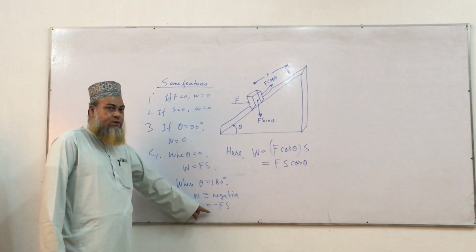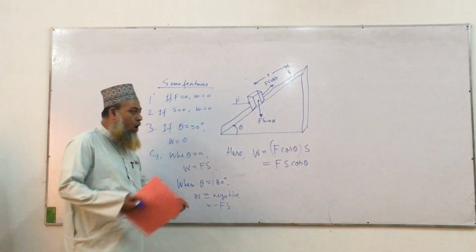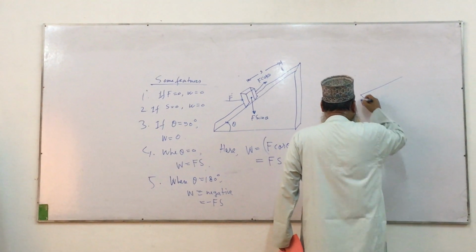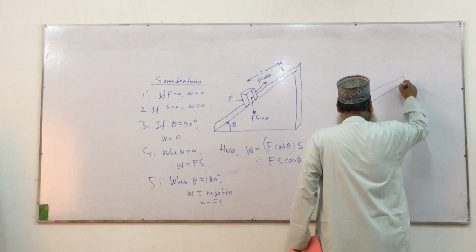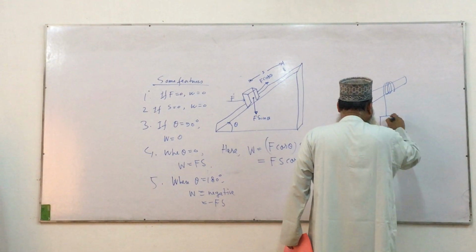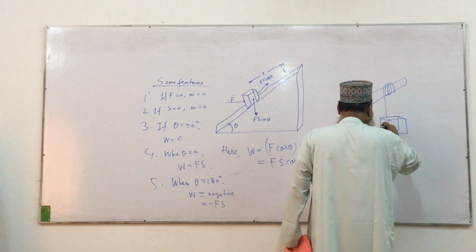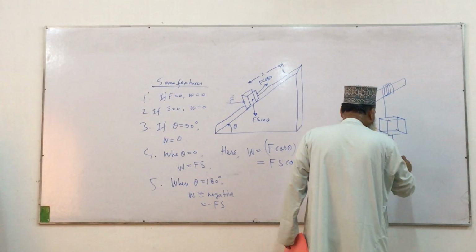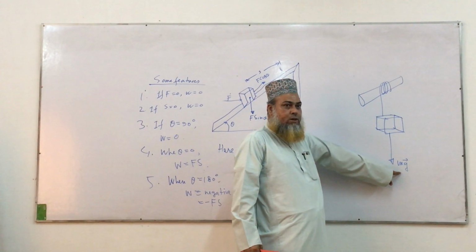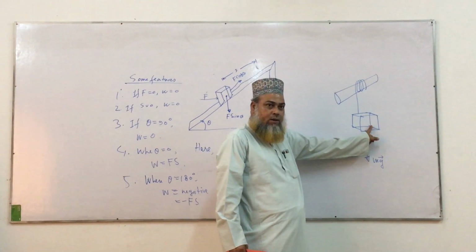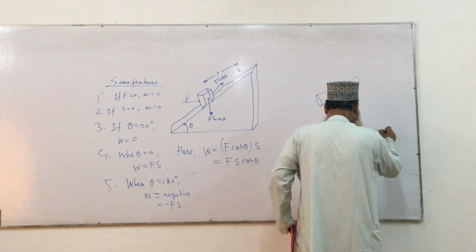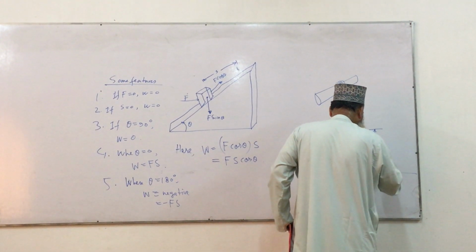When W becomes negative, what may be negative? Come to the first diagram, the winch and the motor. Here, consider only mg. Mg is working downward, the displacement is upward, and from the ground this distance is h.